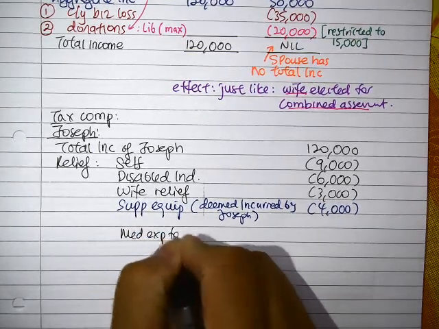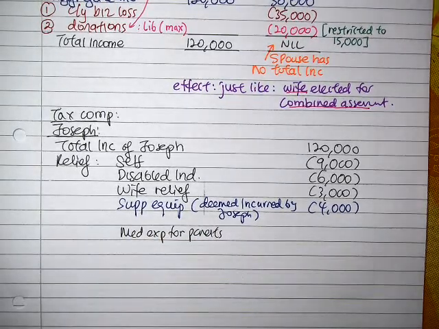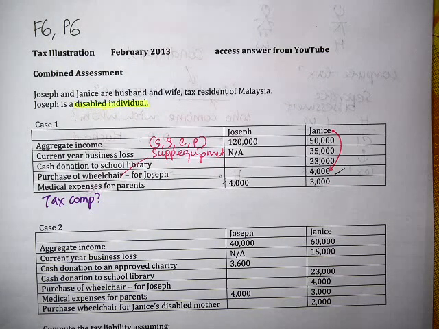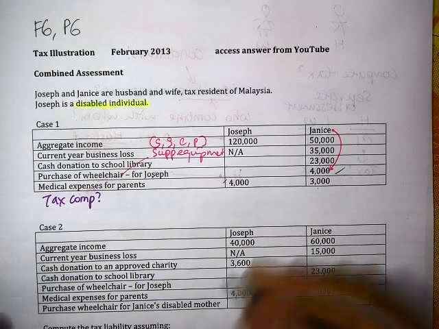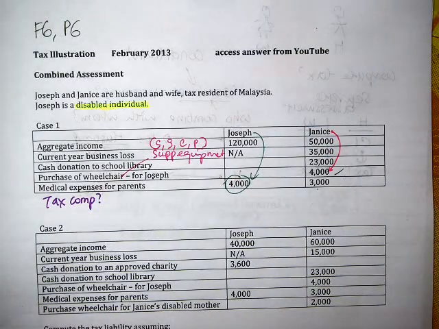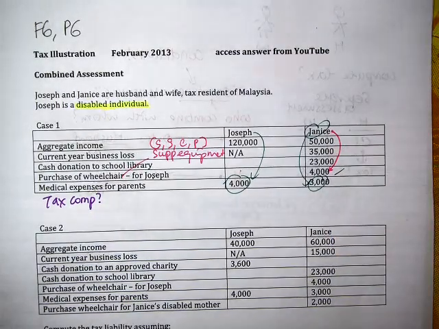Now, the wheelchair is basically supporting equipment. Okay, supporting equipment. And the cost of supporting equipment, you can incur it for yourself, I would just put S for self, your spouse, your children, your parent. Okay? So now the wheelchair is incurred by Janice for her spouse. She's buying it for Joseph.